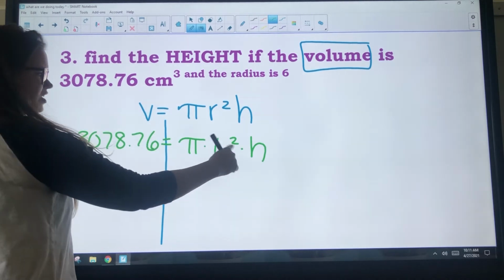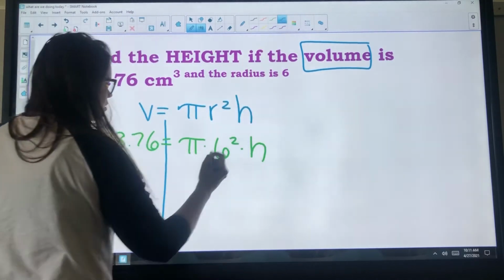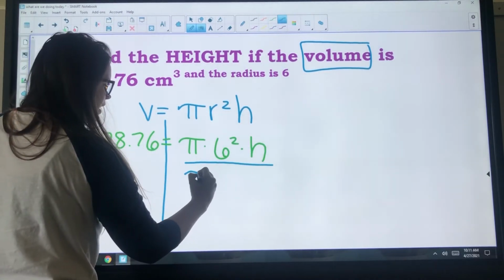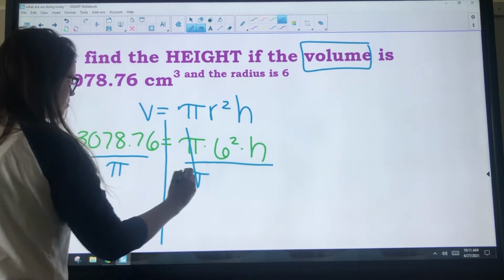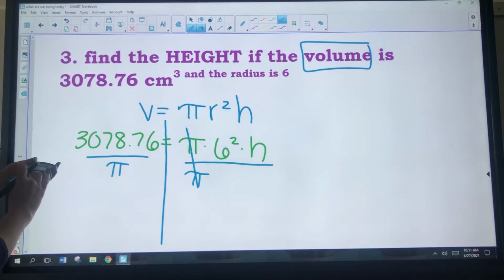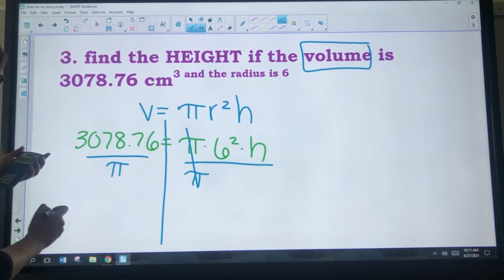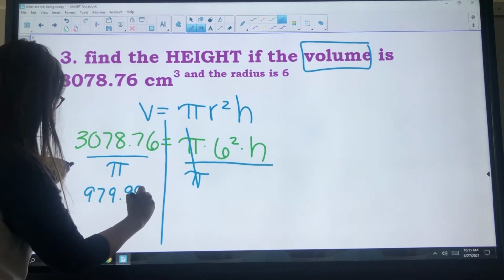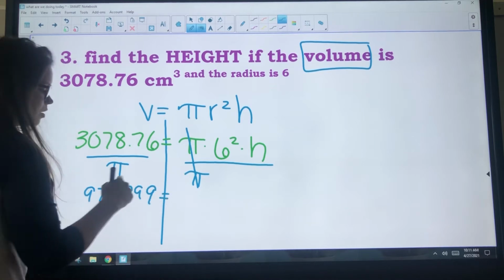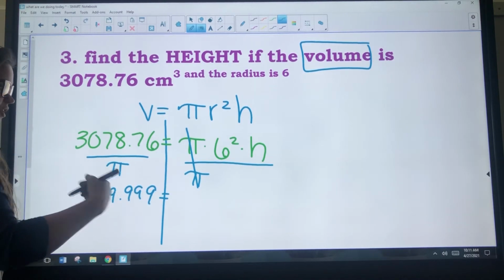So both of these things are attached by times. So you can divide both sides by pi to get rid of the pi. You are hitting pi this time because this is a decimal. 3078.76 divided by pi. And that gets you to 979.999. Again, the more decimals you use, the closer you'll get to the final answer.